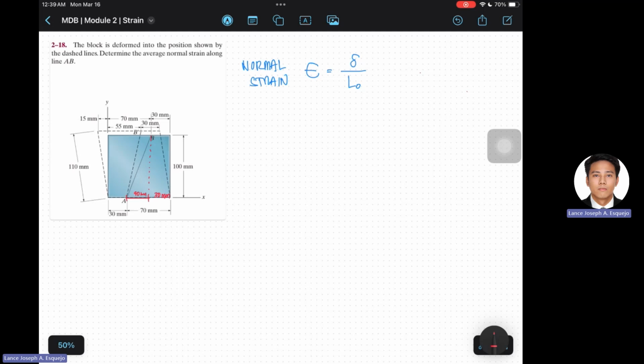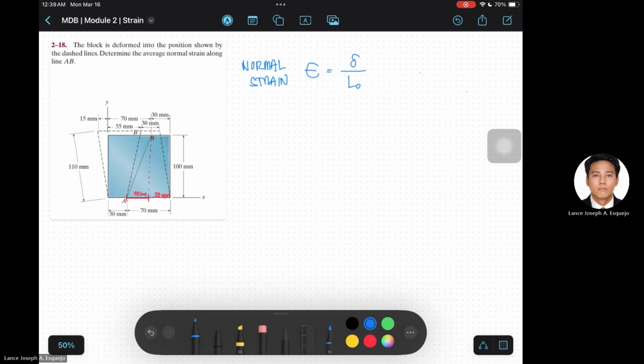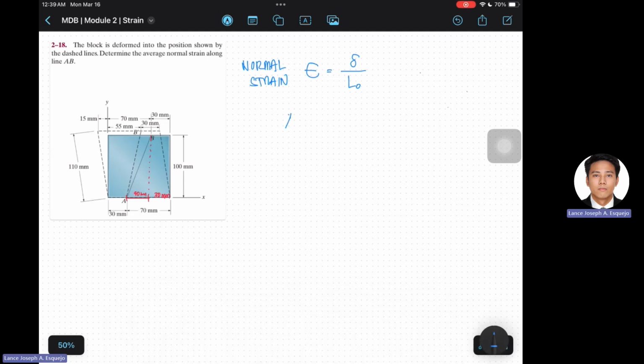And then we have the height na 100 millimeters. So therefore, considering the triangle form, we have the length AB that's equal to the square root of 40 millimeters squared plus 100 millimeters squared.